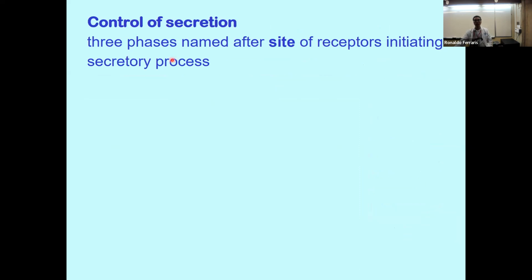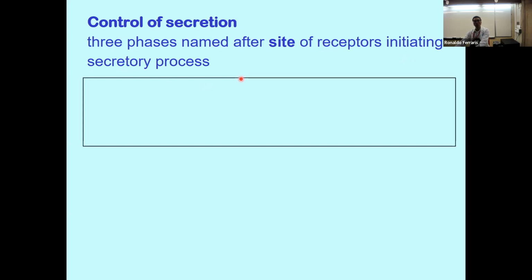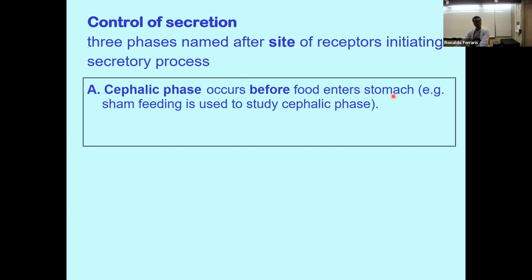Now there are also three phases in the control of secretion. The first phase is called the cephalic phase because it's named after the site of receptors initiating the secretory process. So this is when you're thinking of good food.